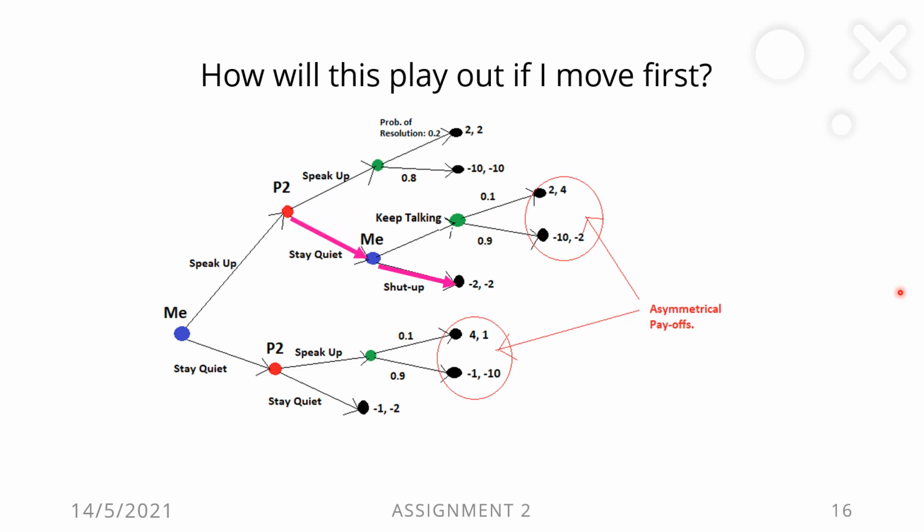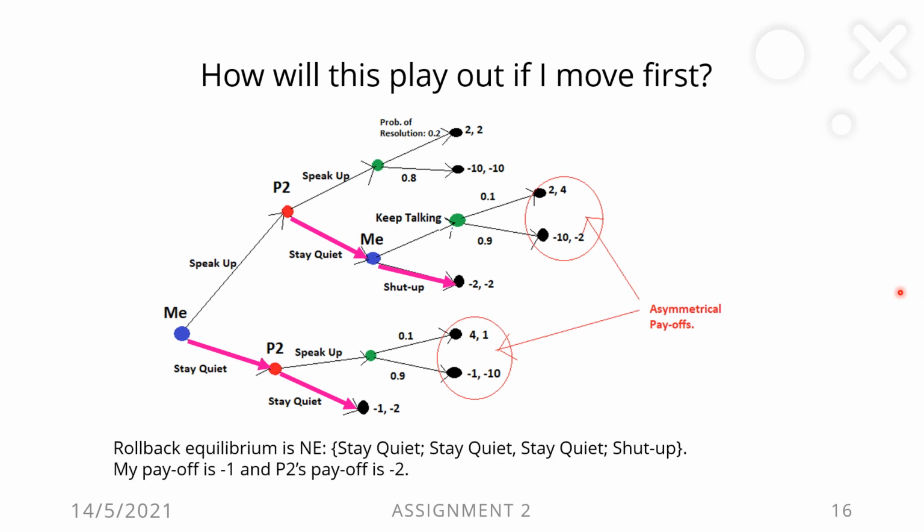We'll just show the rest of the rollback equilibrium, which is explained in the report. And so the Nash equilibrium, or the rollback equilibrium, is stay quiet, stay quiet, stay quiet, shut up, which gives me a payoff of -1 and player 2 a payoff of -2.